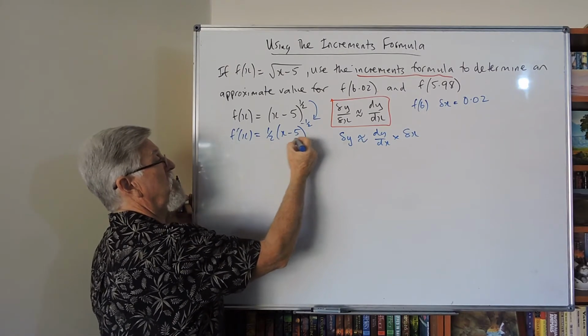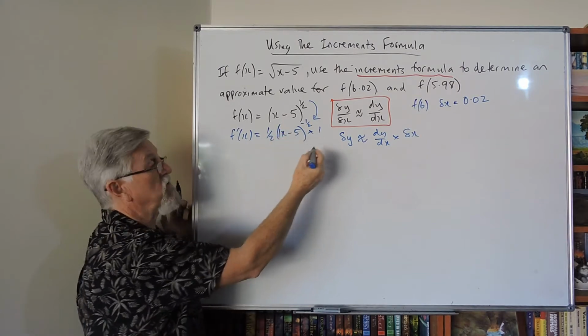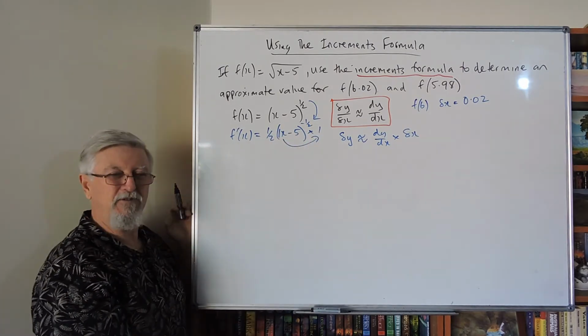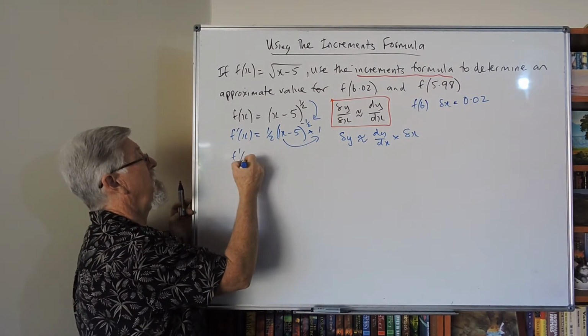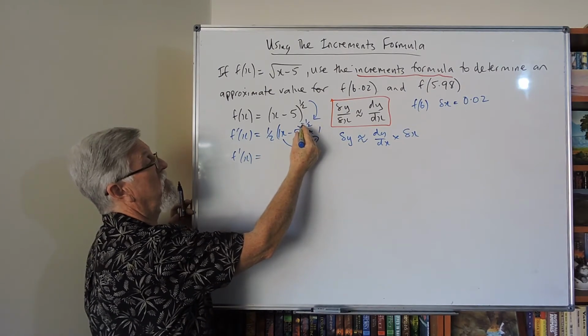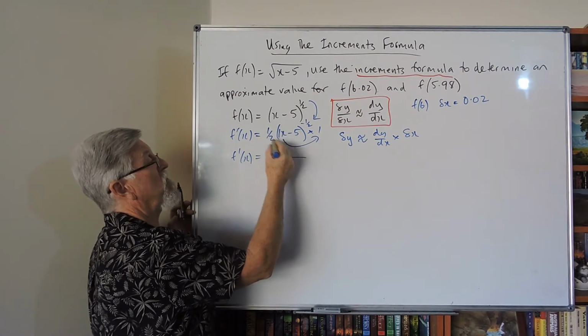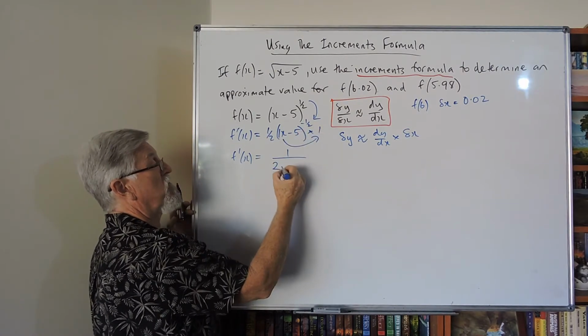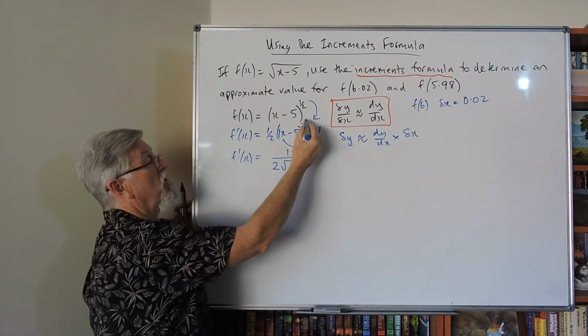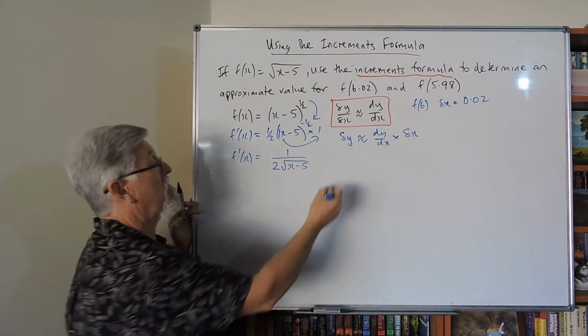But in this case, the derivative of the inside is 1. The derivative of 1x is 1, so it actually makes no difference to the question. The derivative is, we've now got the square root on the bottom with a 2 as well. So there's the 1 on the top, there's the 2 on the bottom. I've got a square root on the denominator of x minus 5. That's my derivative. Let's go over to here then.